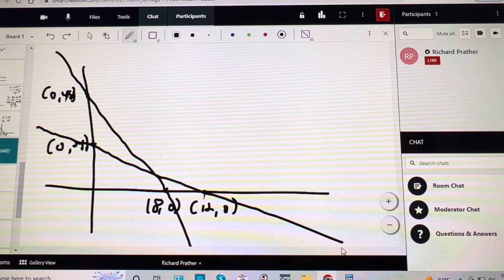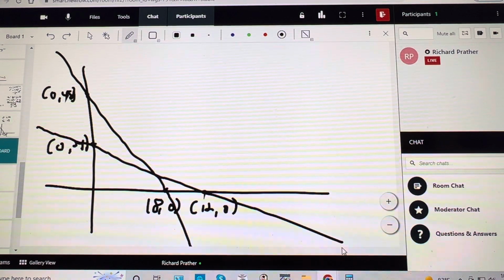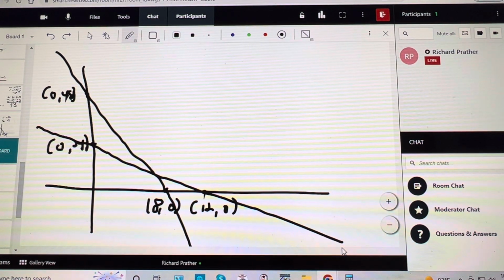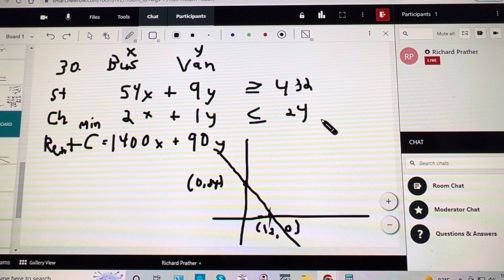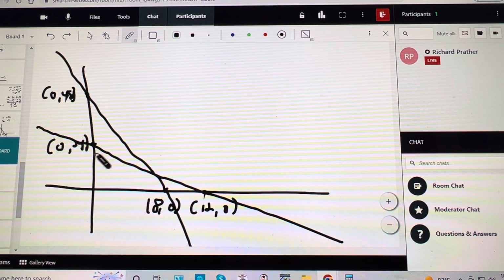And of course, you have to be in the positive x and y axis because you can't have negative vans or buses. So we're in the first quadrant, and we are below the 24, but we're above the 48.